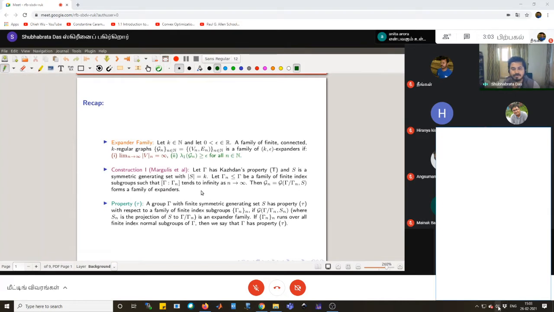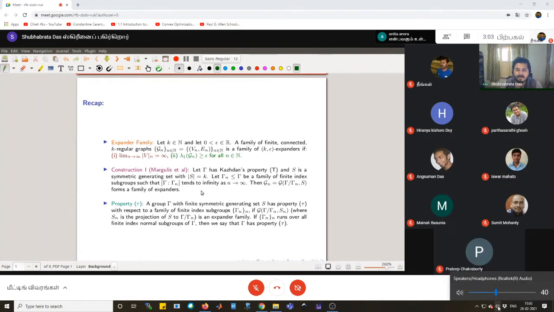to construct an expander. And then we briefly saw some property which we called property tau, and that was roughly mimicking the proof that we saw last time.